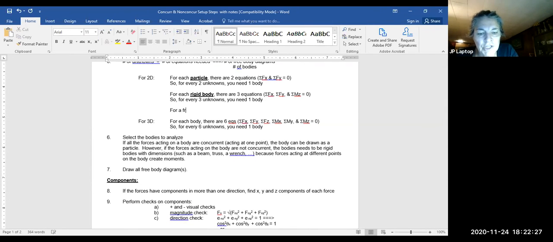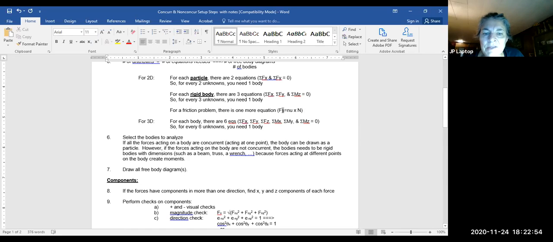For a friction problem, there is 1 more equation: F sub S equals mu sub S times N, the normal force.